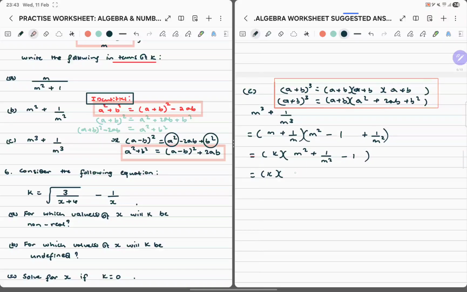So we just simply substitute this one with k squared minus 2 from above, minus 1. So what we end up with is k into k squared minus 3. Then we sort it out. k times k squared is going to be k cubed minus 3k.